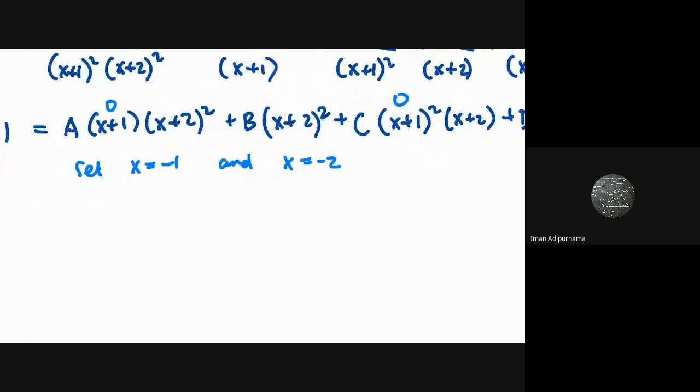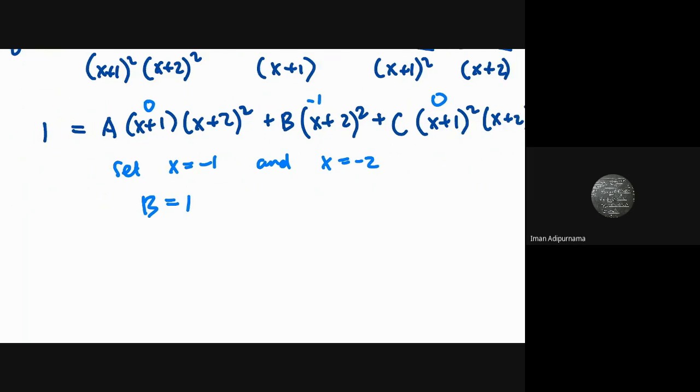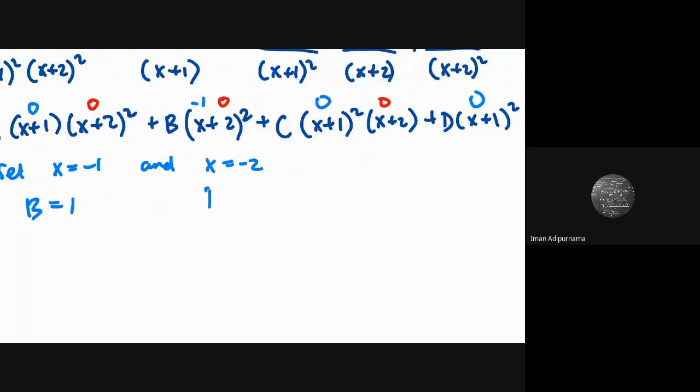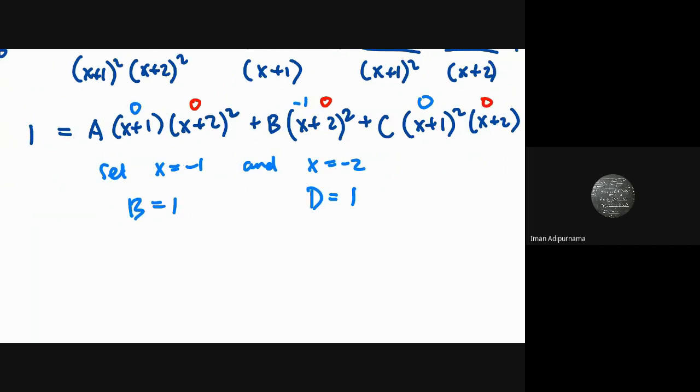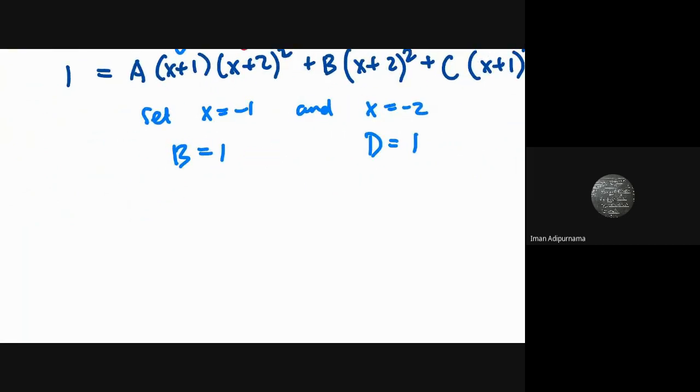So we will have -1 plus 2, it's 1, so squared, so B will be equal to 1. And if you set x to -2, this is 0, this is 0, and we will have D equal to -1 squared, so D is also 1. And we need to find A and C.